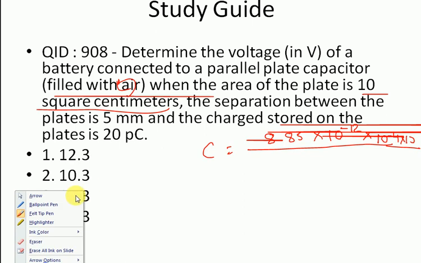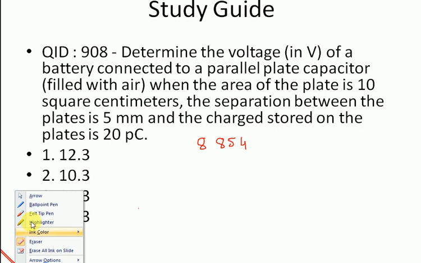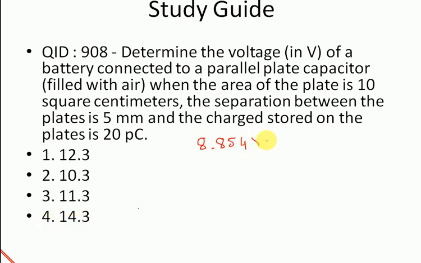So if I write it clearly, 8.85 into 10 to the power minus 12 into 10 into 10 to the power minus 4.